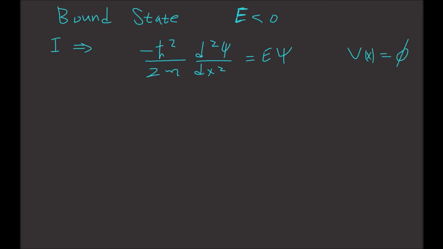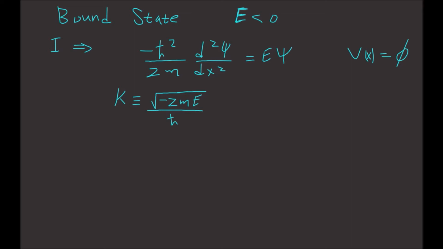So as usual, we're going to define the variable k as the square root of minus 2m times E, divided by h bar. Notice that this is the bound state, so E is negative, so this quantity here is real and positive.